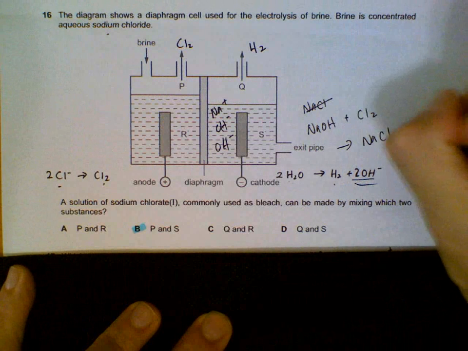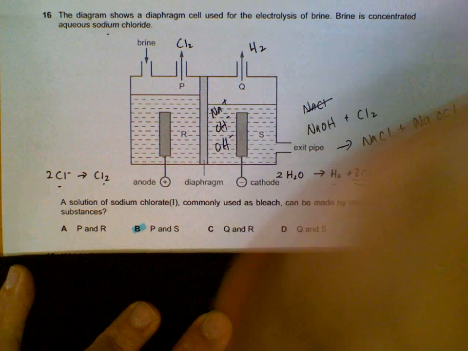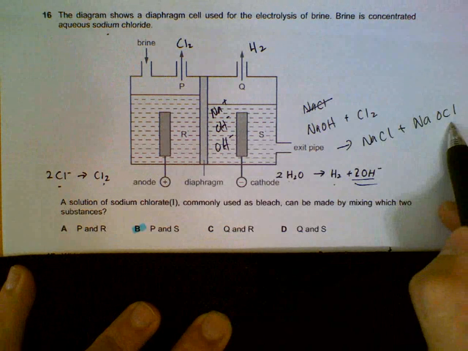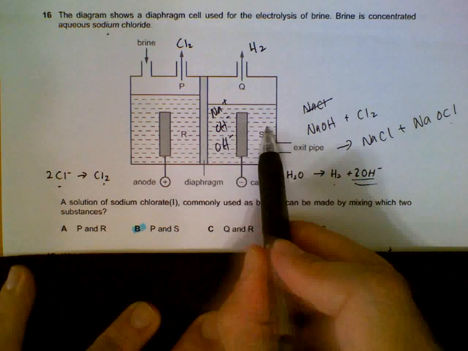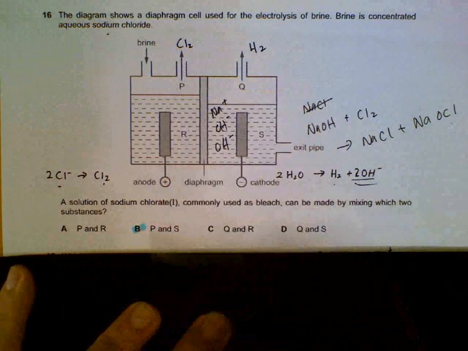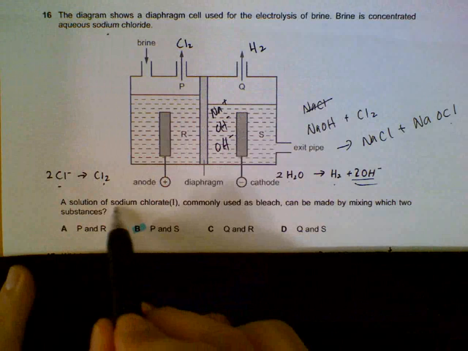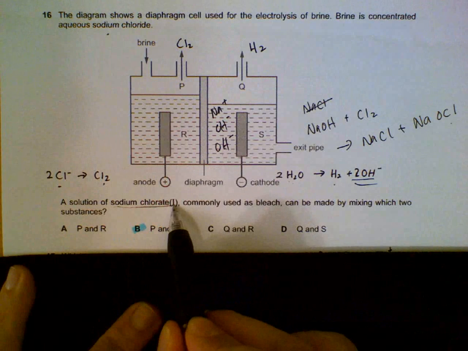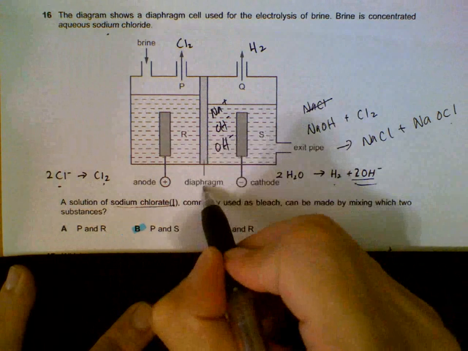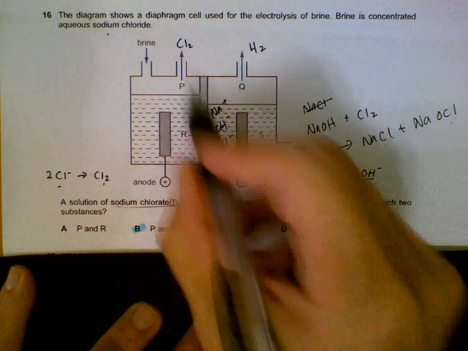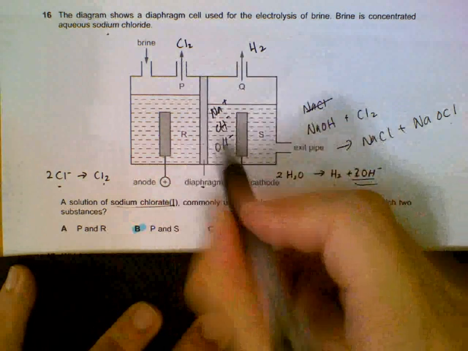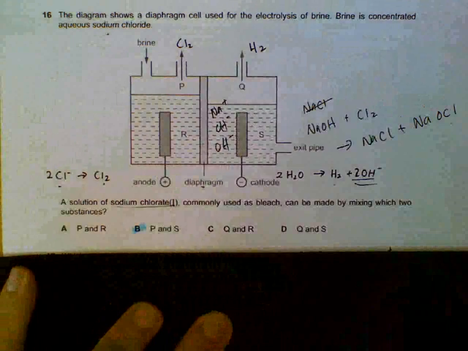We get our sodium chloride and sodium hypochlorite. So mixing these will give us sodium chlorate, which is why we actually have a diaphragm here, so that we don't get them mixed and then we lose our intended products.